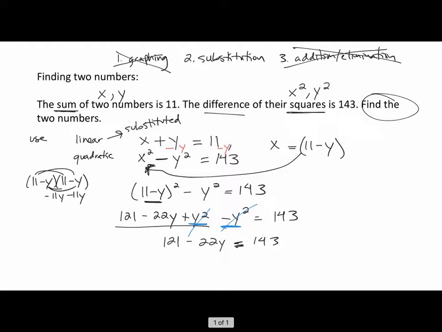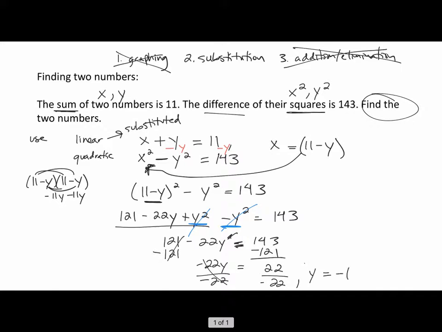And actually, this is not a quadratic equation. It's a linear equation. So I can solve this by oppositing the number term from both sides. Then negative 22y equals the difference here, which is going to be 22. And then we'll use the multiplication property to multiply the reciprocal, or just divide 22 from both sides.